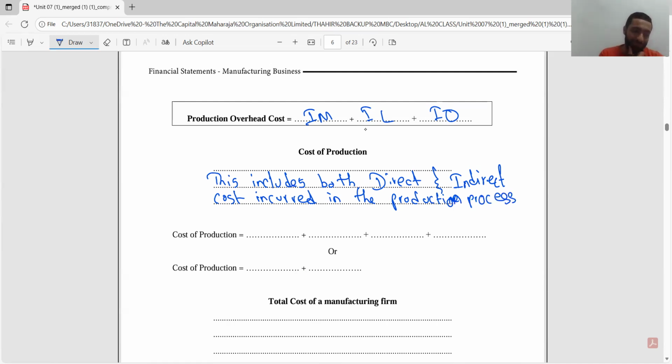Very simple. Cost of production equals direct material, direct labor, direct other, and production overhead. Cost of production means prime cost and production overhead cost.